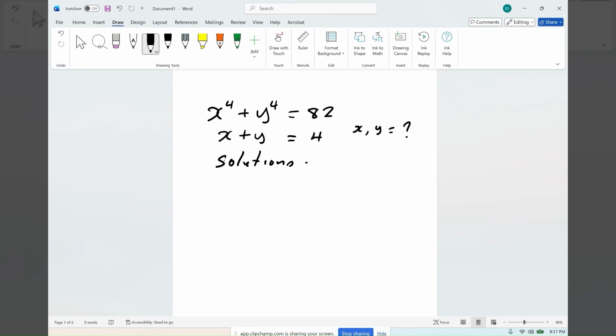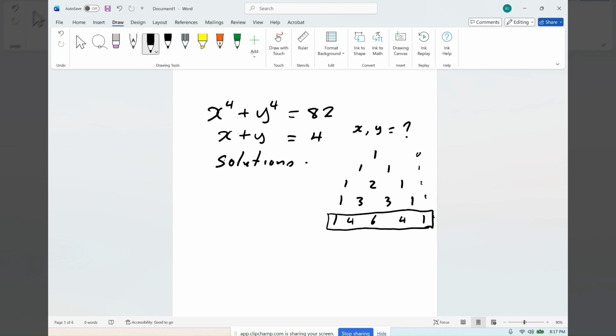As a refresher, we know the Pascal triangle is 1; 1, 1; 1, 2, 1; 1, 3, 3, 1; and 1, 4, 6, 4, 1. So you see that this is the zeroth term, first, second, third, and the fourth. We'll be using these coefficients to help solve this problem.